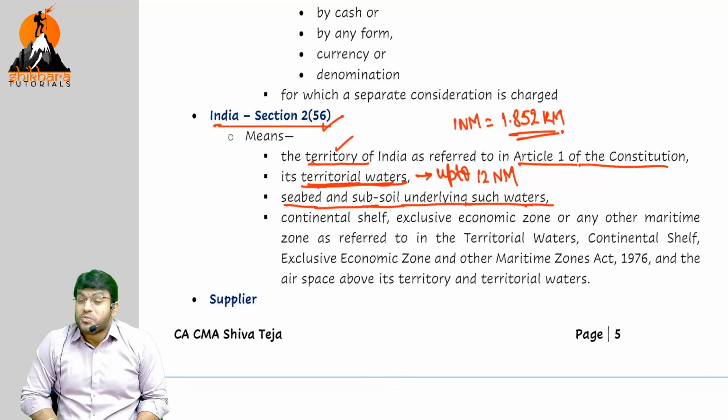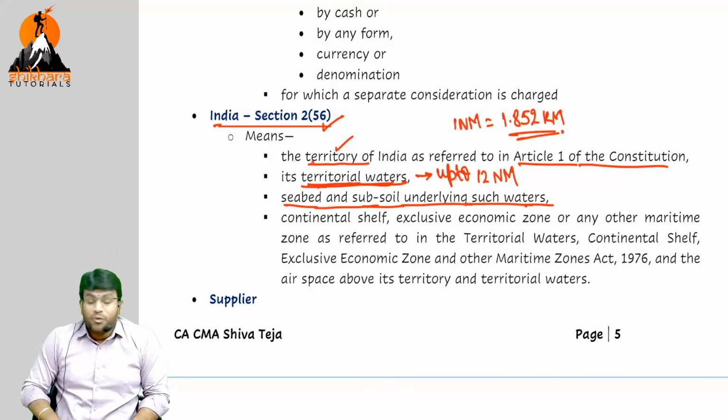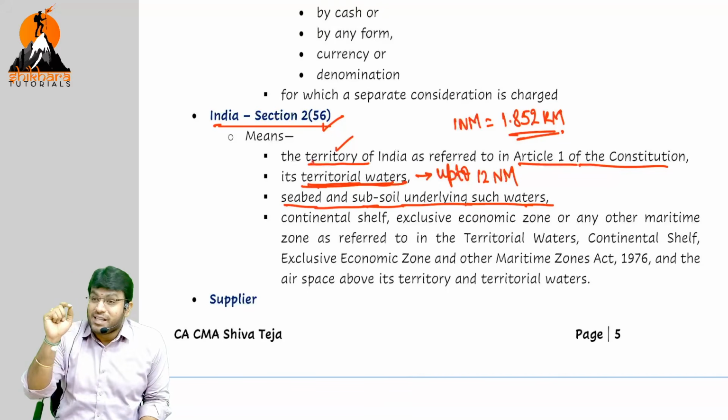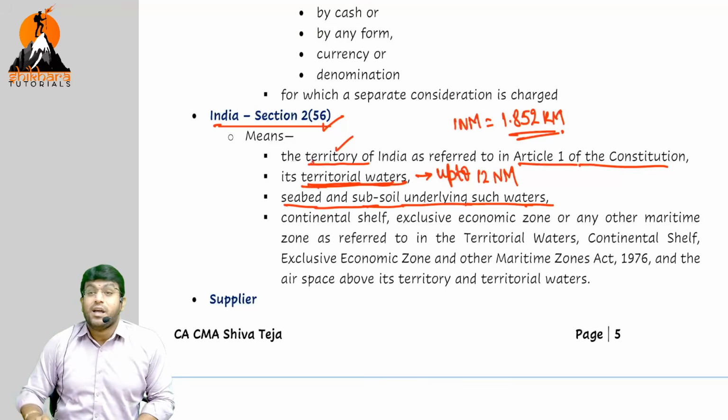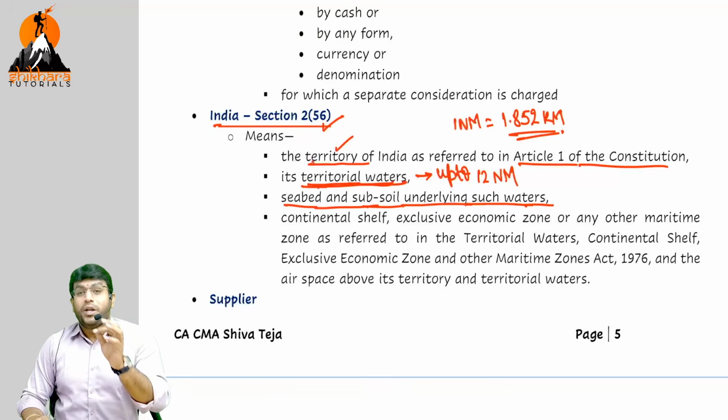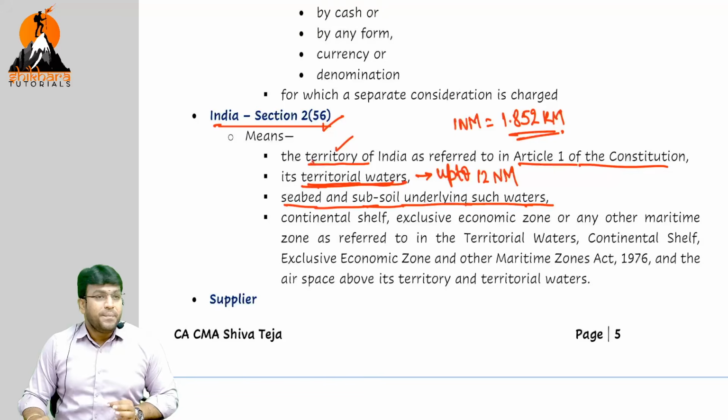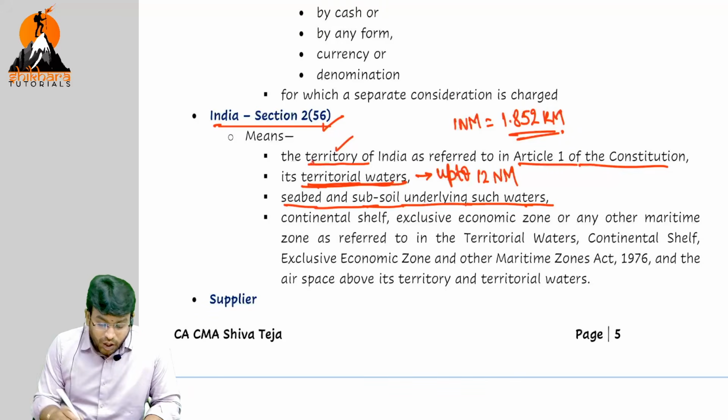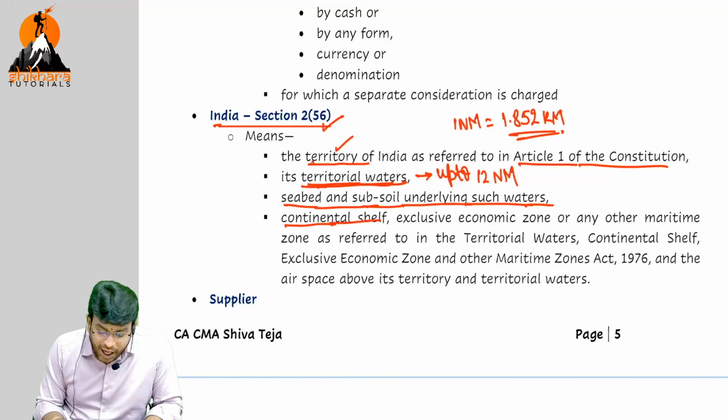India covers territory, territorial waters, seabed and subsoil underlying such water. Next, continental shelf or exclusive economic zone.